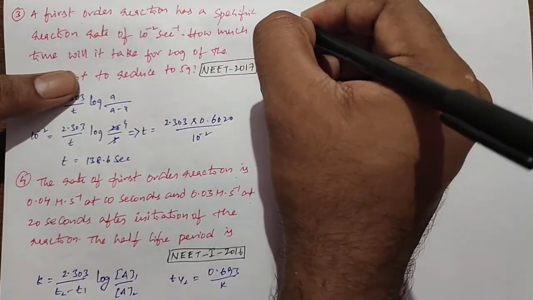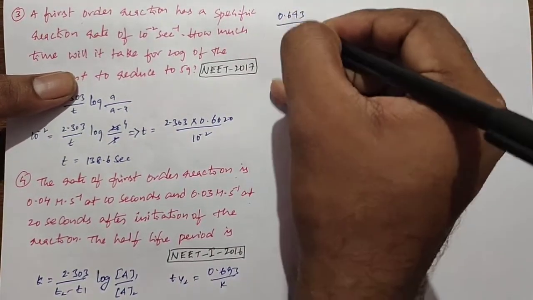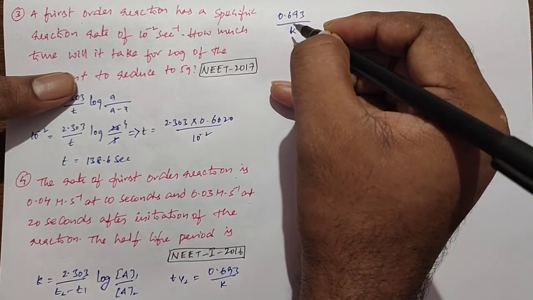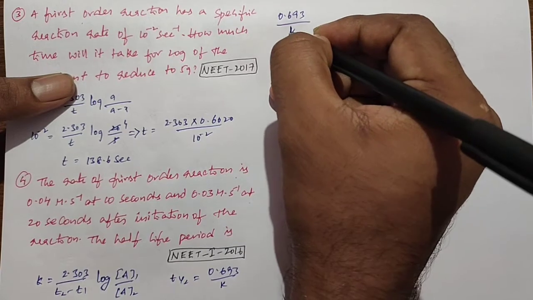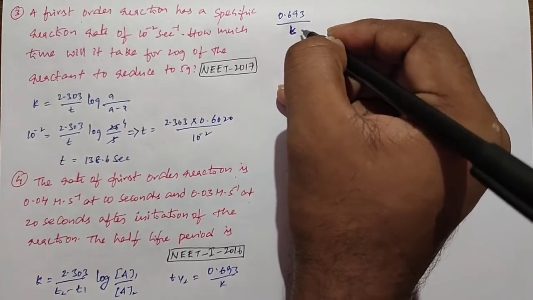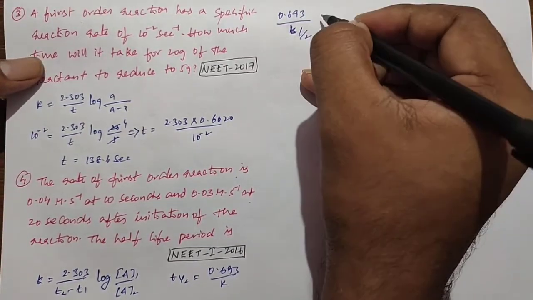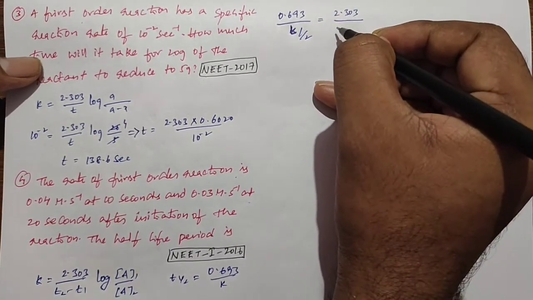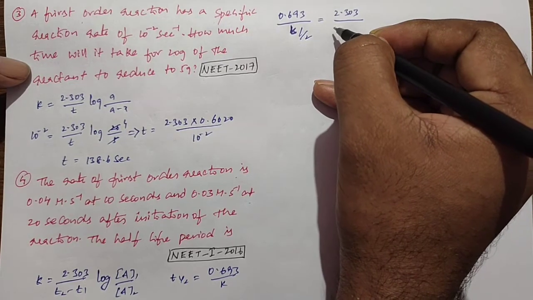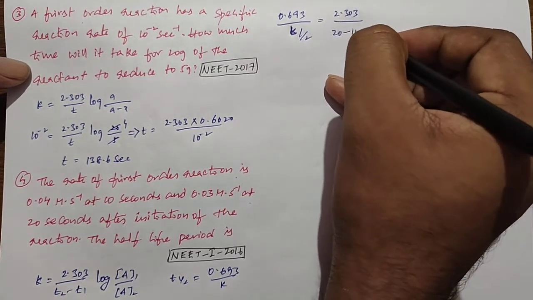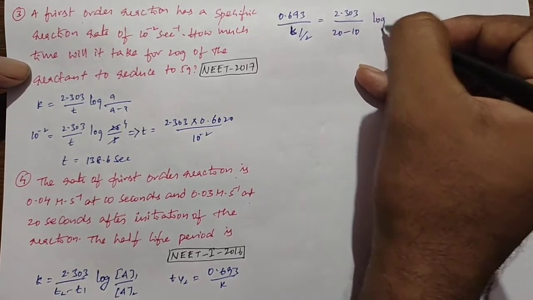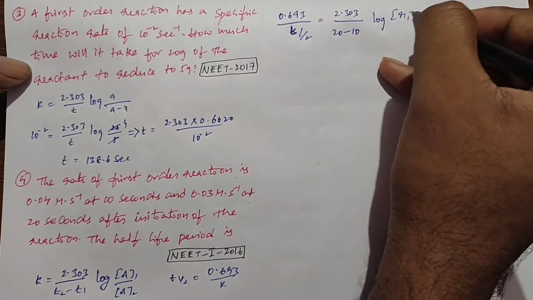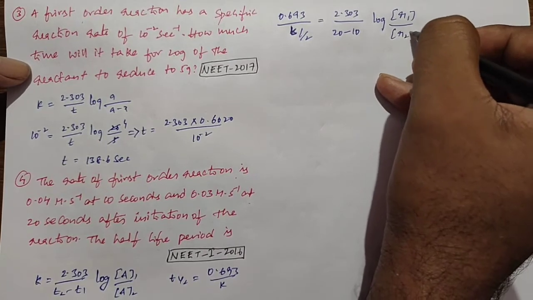So 0.693 / K, sorry, 0.693 / t½, since we need to find the half-life, is equal to 2.303 / (T2 - T1) × log(R1/R2), where T2 is 20 seconds and T1 is 10 seconds.